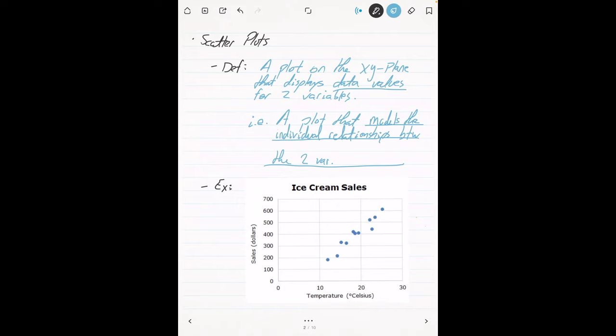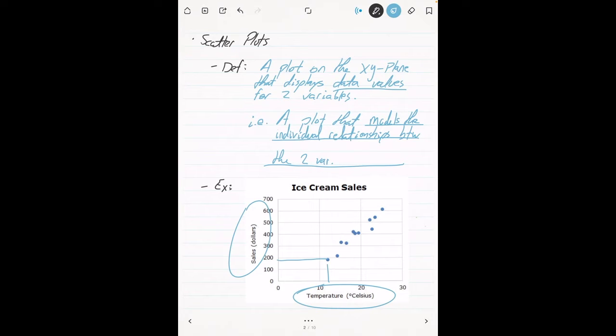These points are relationships between the x and the y variable. So you can see an example right here. We have a graph, it's not of a continuous line, but rather it's individual coordinate points. And these points represent the relationship between the x and the y coordinates. So here, we can see the x-axis represents temperature, and the y-axis represents sales for ice cream.